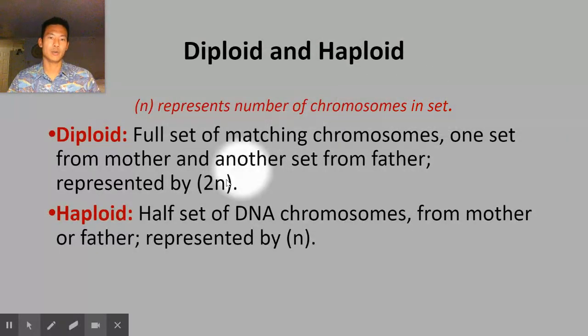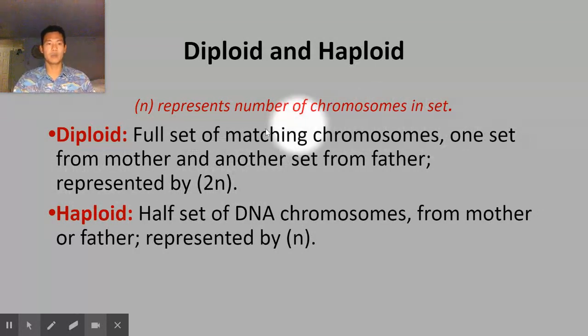For example, humans have 23, so we've got two sets of 23 chromosomes. That's 46: 23 from our mother, 23 from our father. Different species will have a different n number. For example, your cat, your bird, your pet goldfish. The number for n will be different for them.